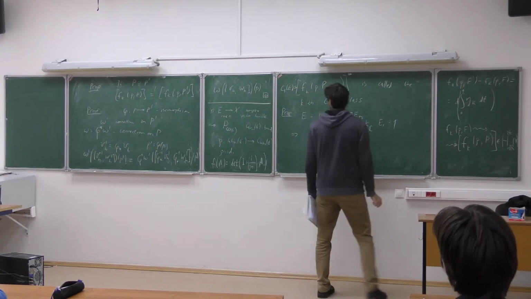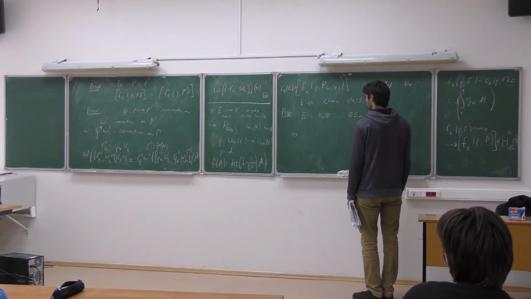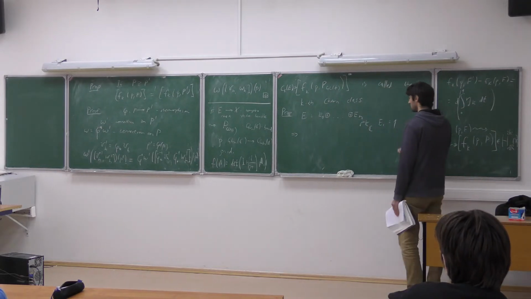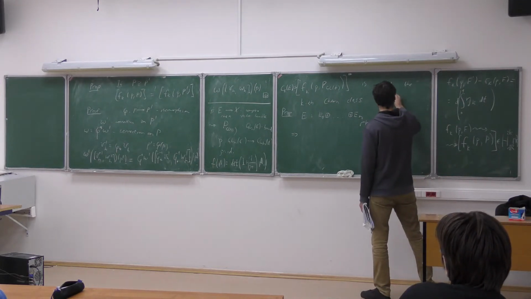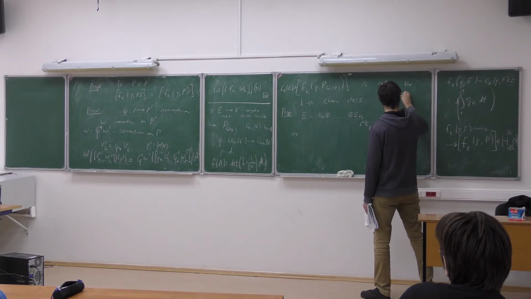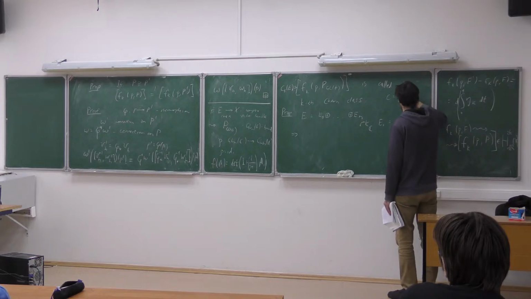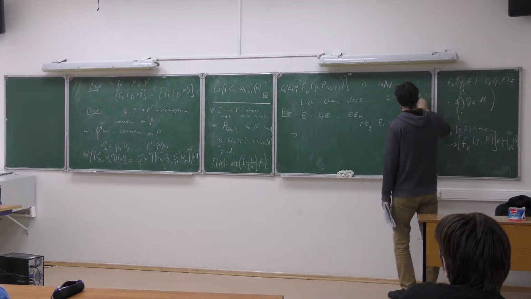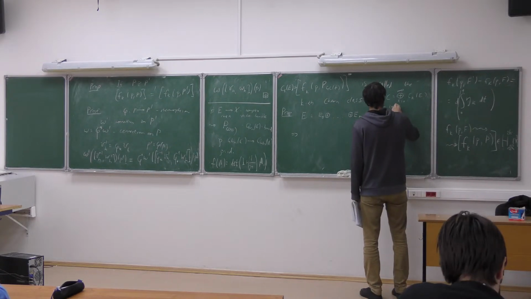And yes, so I can also take the sum over all k from 0 to infinity, but actually this will be some finite thing, of c_k of E. So this is called the total Chern class.